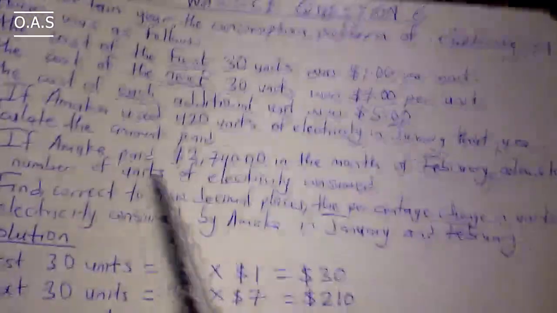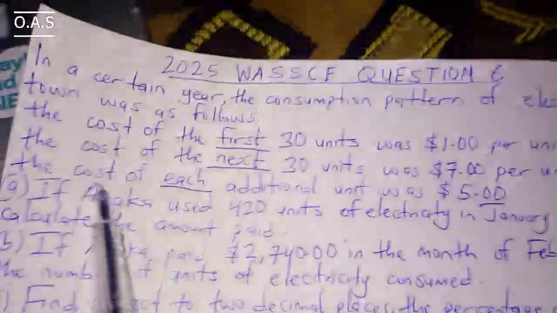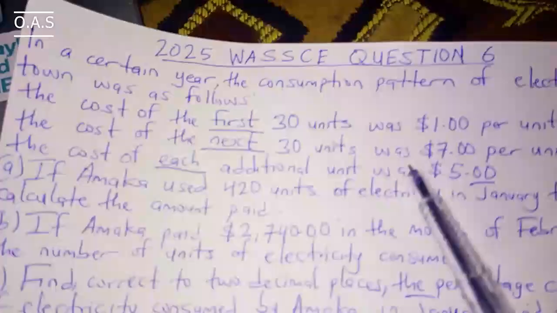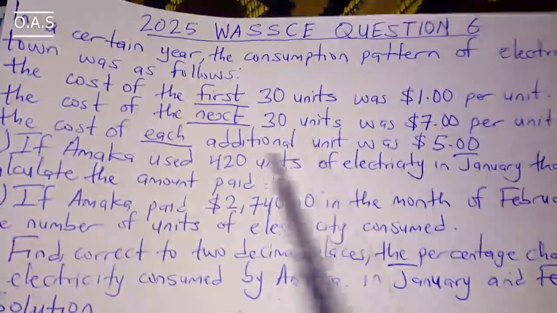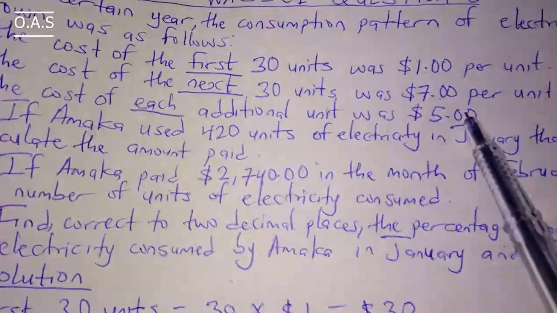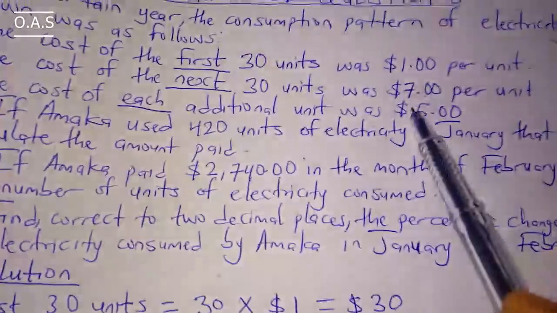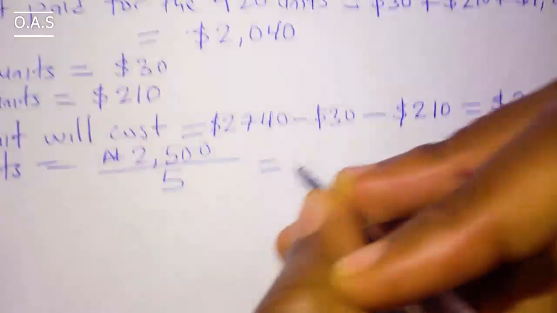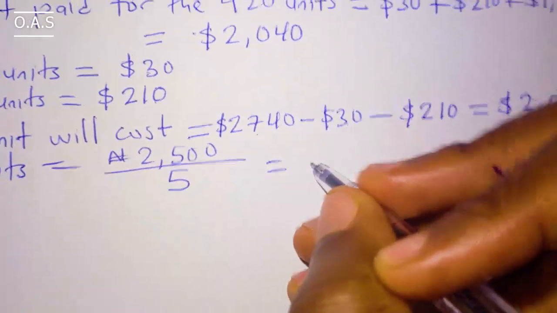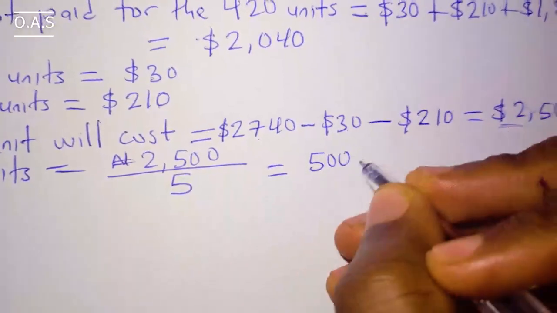So same thing here. Since we are considering this third condition now, the total amount of money that she spent at the rate of $5 per unit is $2,500. Therefore, the number of units is going to be 2,500 divided by 5. That will be 500 units.